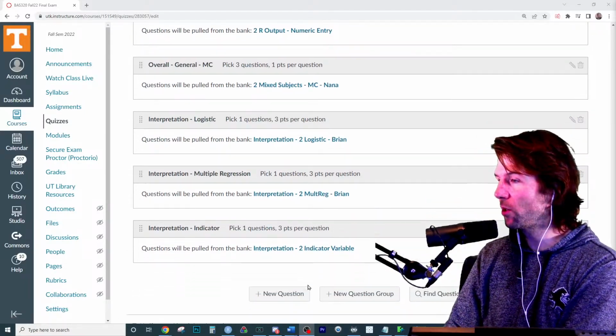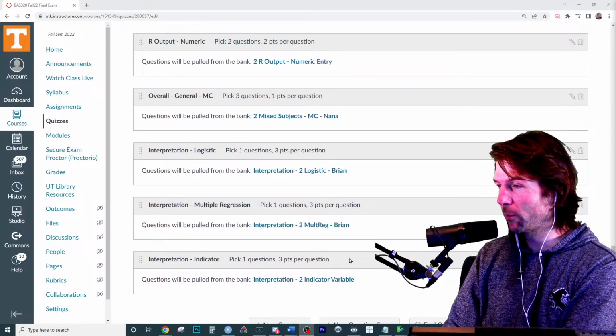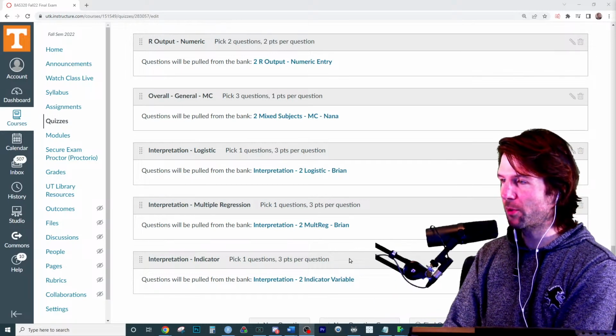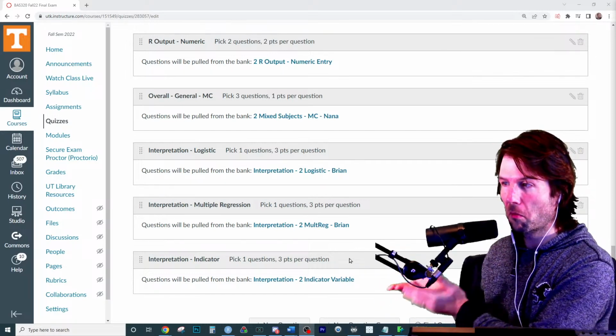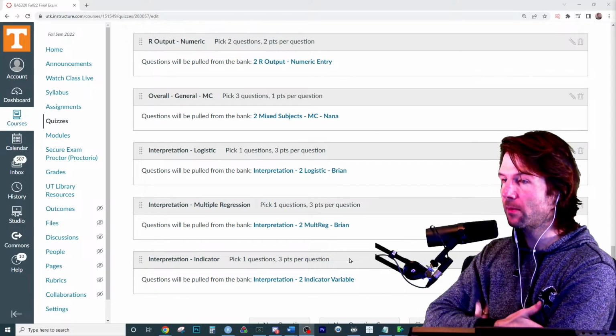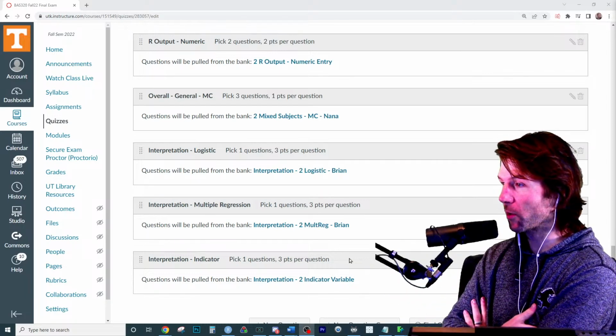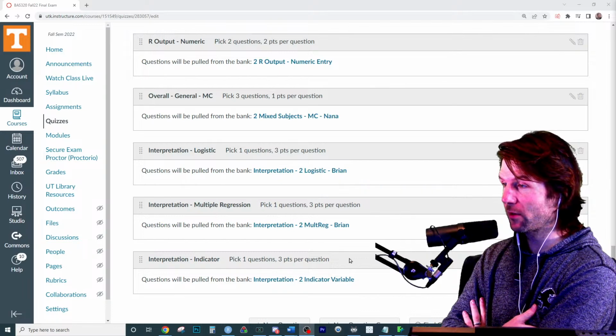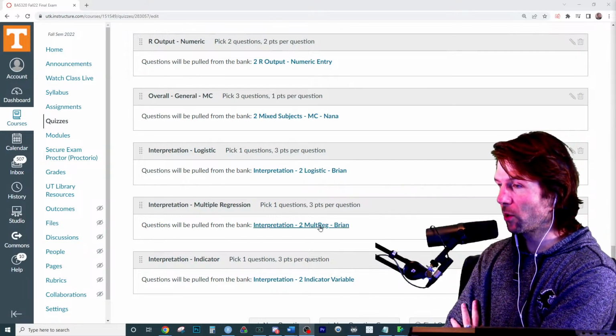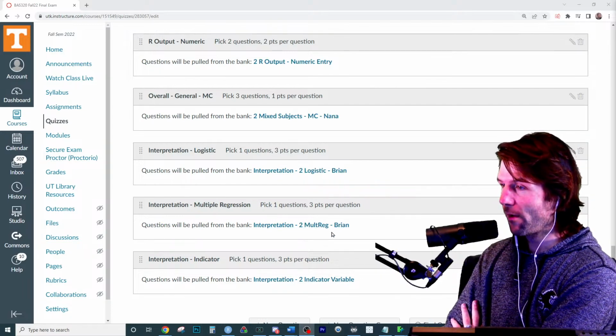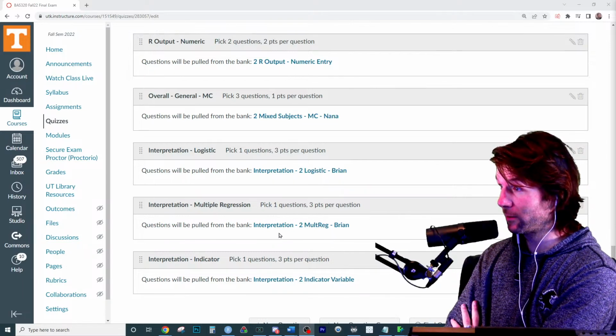This one here, interpretation 2 indicators. I think it's pretty clear. Interpreting indicator variables, those are written right there. You get one of those worth 3 points. That's pretty hefty. We have interpreting multiple regression right here. Those are written interpretation.